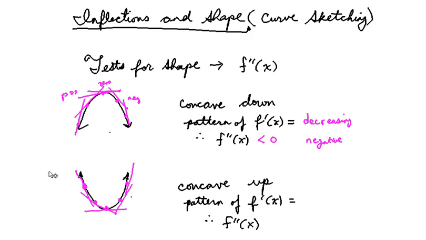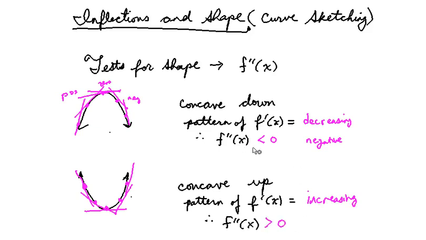So you can see that I'm going from very negative, going up to 0, going up to very positive. So the pattern of f prime of x for a concave up curve is that it's increasing. And therefore, the second derivative must be positive.